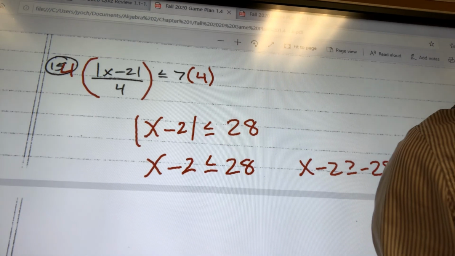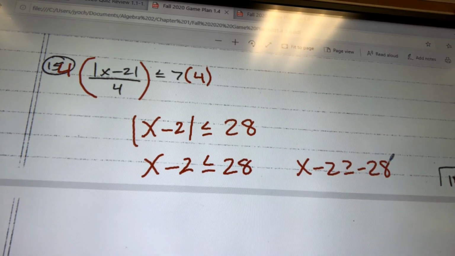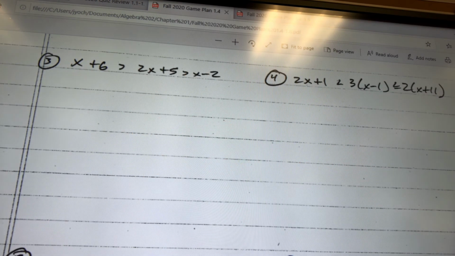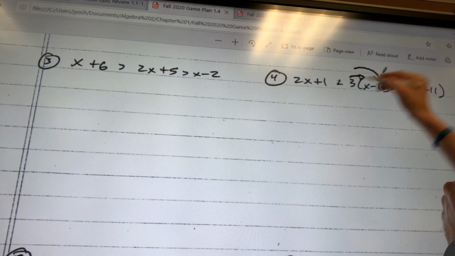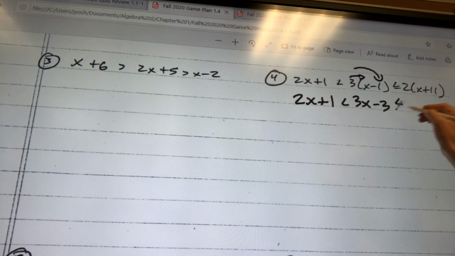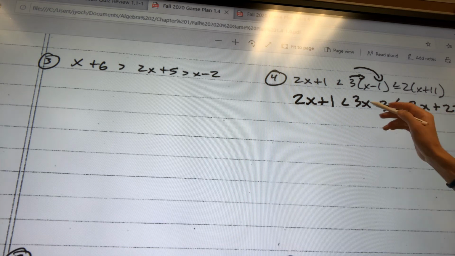And then I'm going to do 4 and 6 with you here. We're definitely doing 4, guys. On 4, what you got to do is distribute: 2x plus 1 less than 3x minus 3 less than or equal to 2x plus 22. Distribute. You have only an x in the middle.